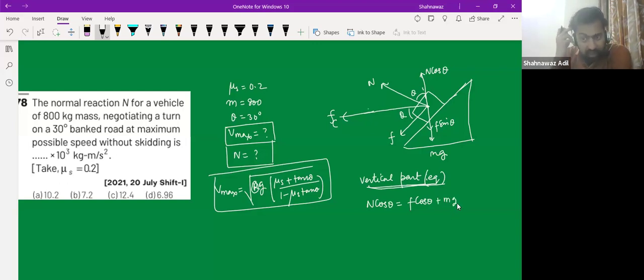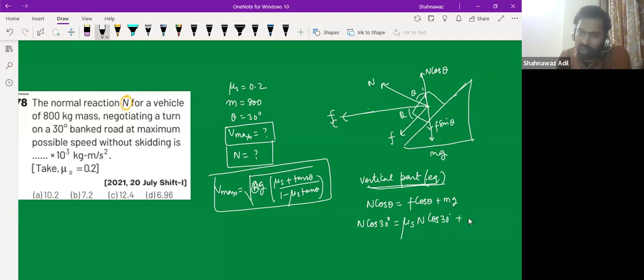Right. Now, remember, in this question we have to find N. So we have this N, theta we know, F we can find out, right? So this is cos of 30. This is mu s and N, and this is cos of 30.